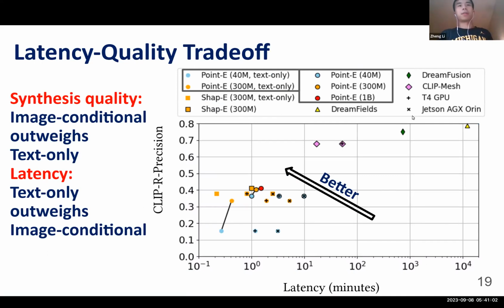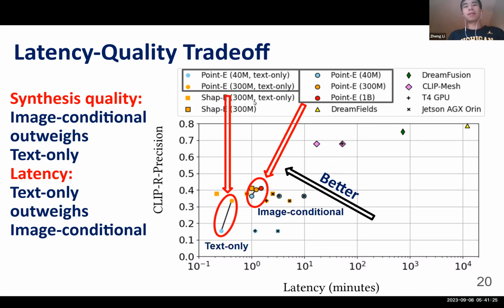This figure shows the measurement result of latency and quality trade-off. The points, or the models, that are closer to the top left will be preferred when we are going to deploy on mobile devices. From the figure, you can clearly see that the image conditional models outweigh text-only models in terms of synthesis quality.